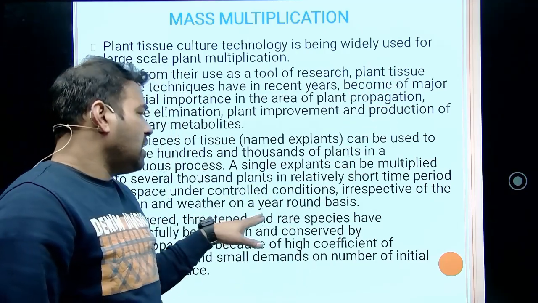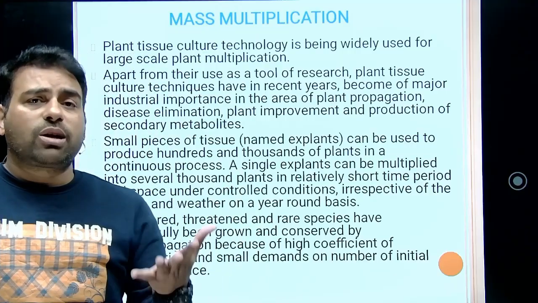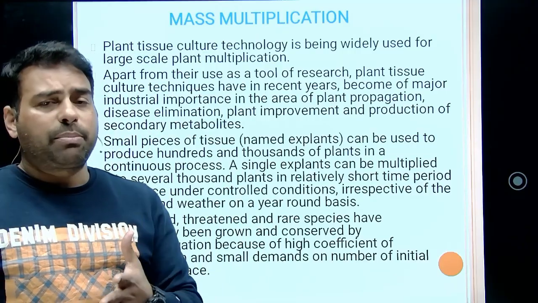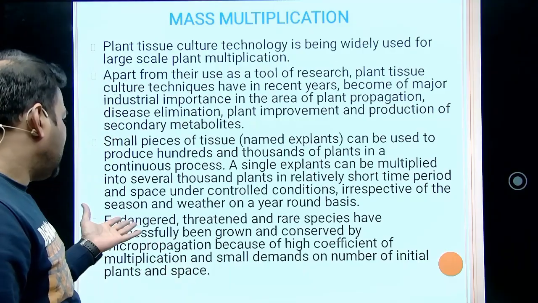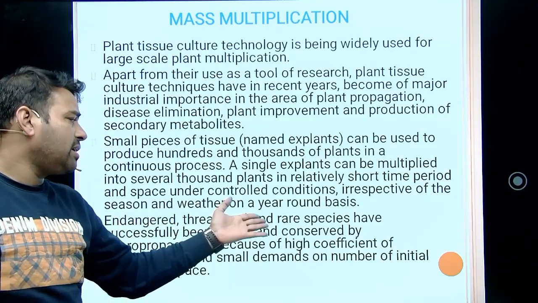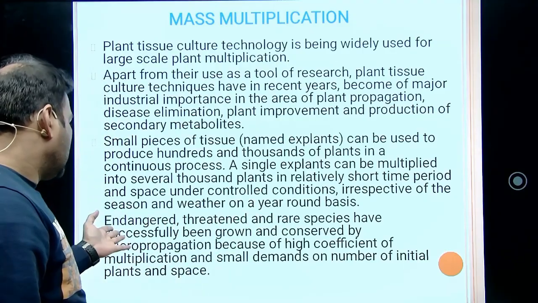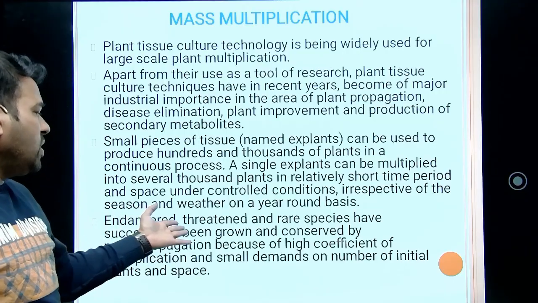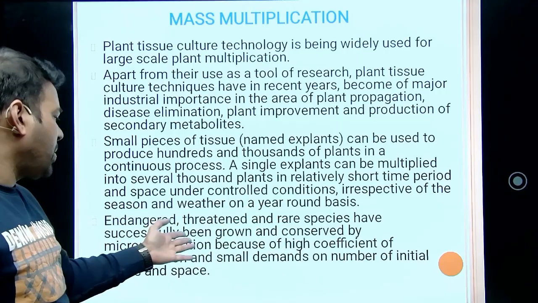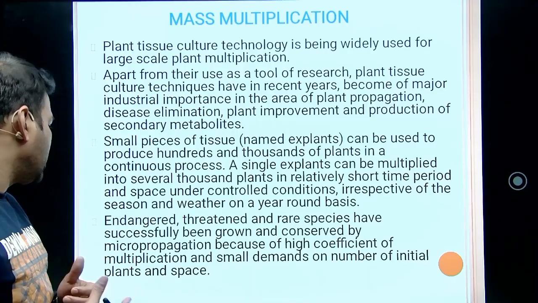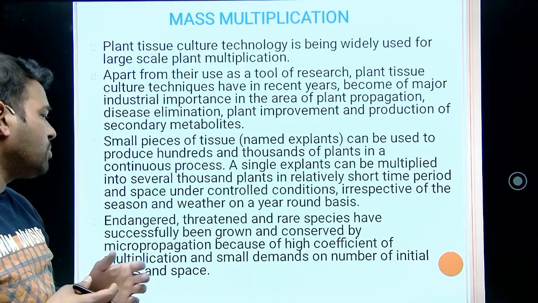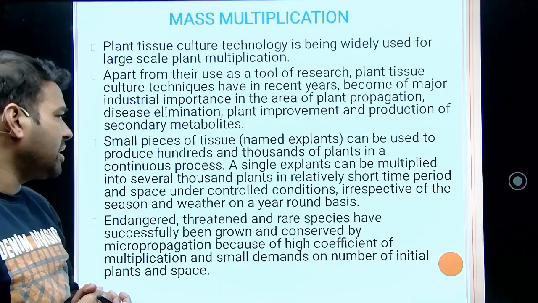This micropropagation technique for mass multiplication is famous for endangered, threatened, and rare species, where it has been successfully grown and conserved by micropropagation because of the high coefficient of multiplication from a small number of initial plants and small space.